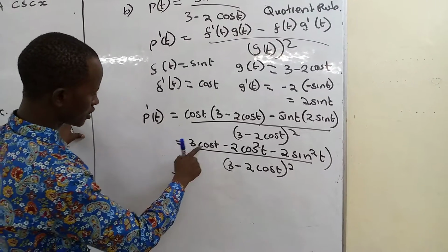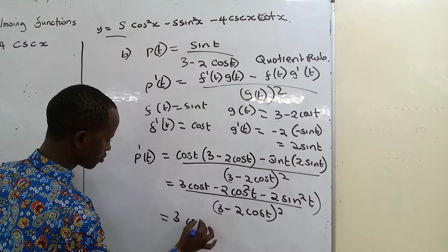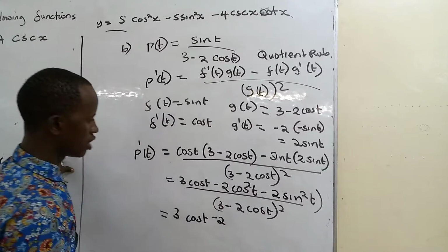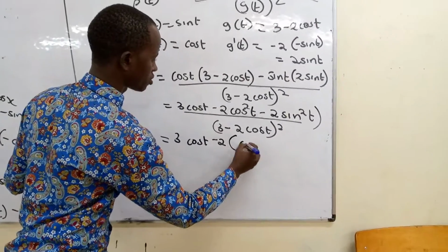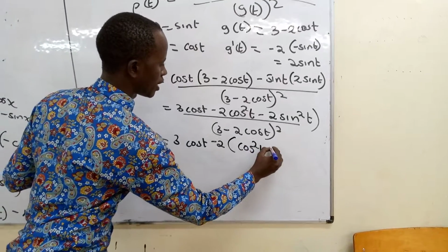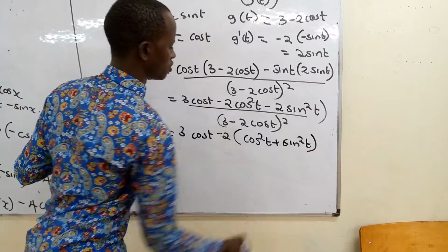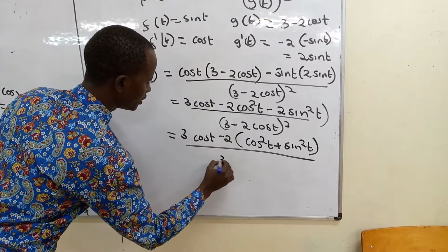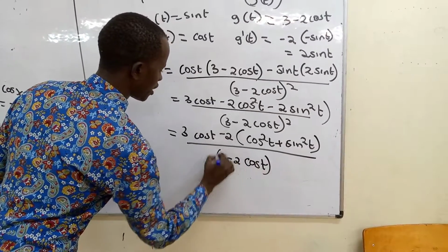Last but not least, you can write 3 cosine of t, then minus 2, I can factorize 2 outside, so I will be left with cosine squared of t plus sine squared of t, and then we divide by 3 minus 2 cosine of t, all squared.